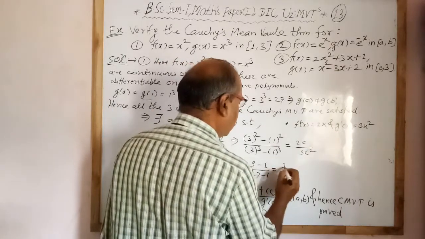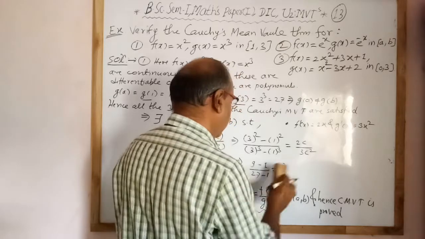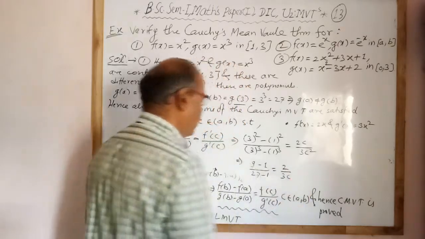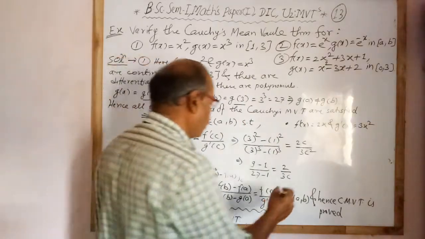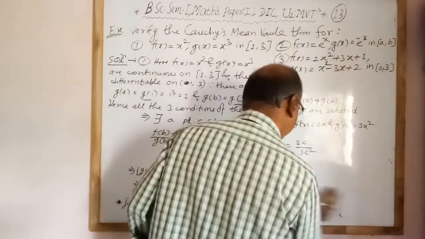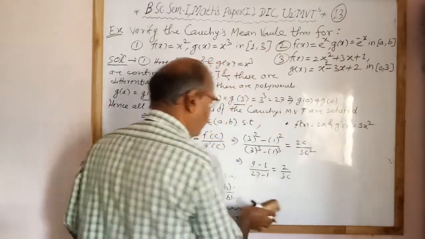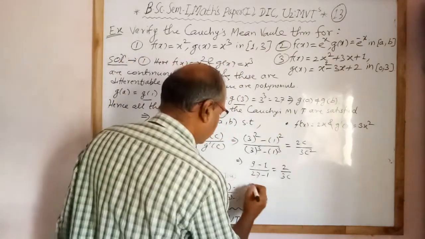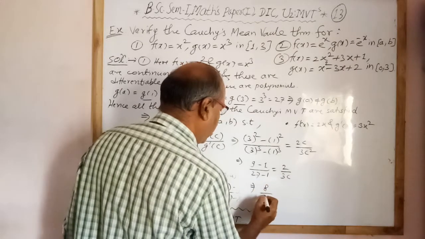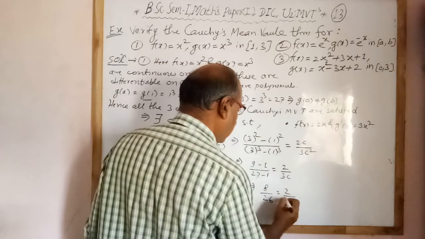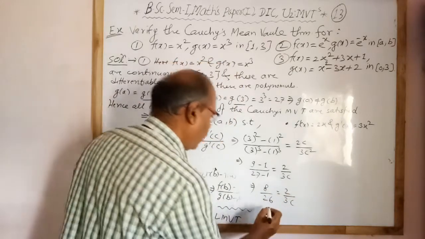Here one c cancels, therefore 2 divided by 3c. Therefore, 8 divided by 26 equals 2 by 3c.